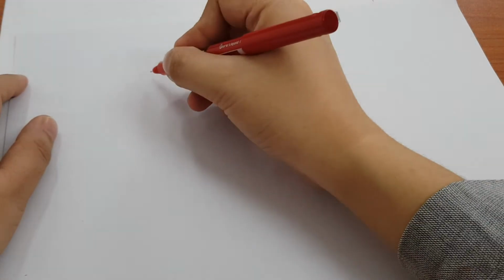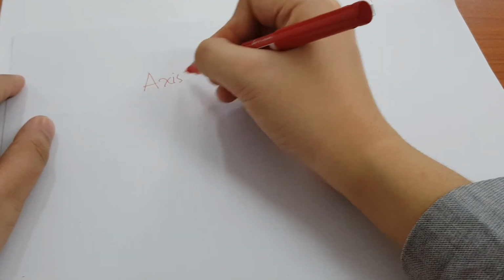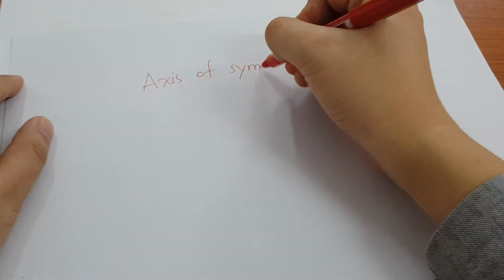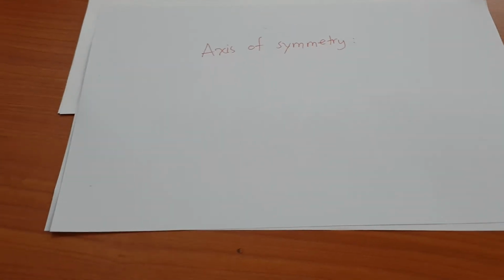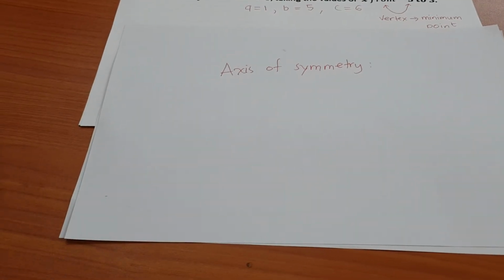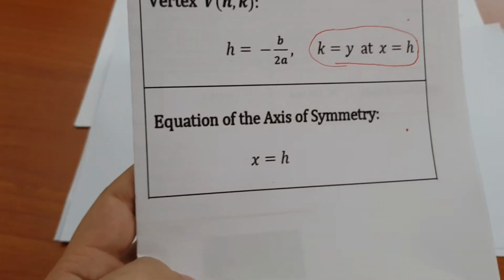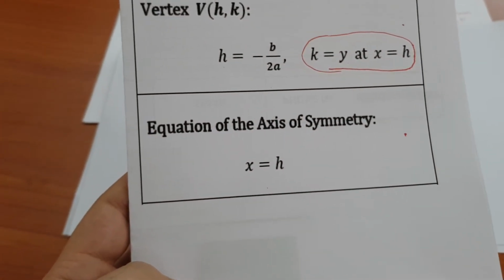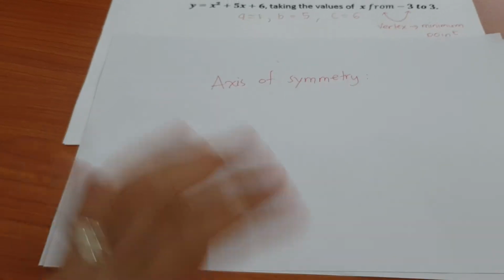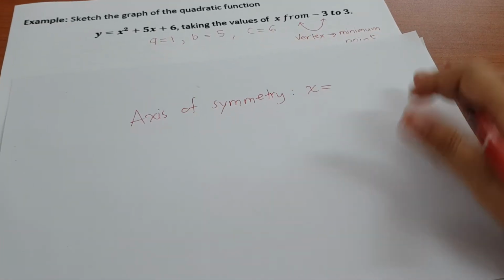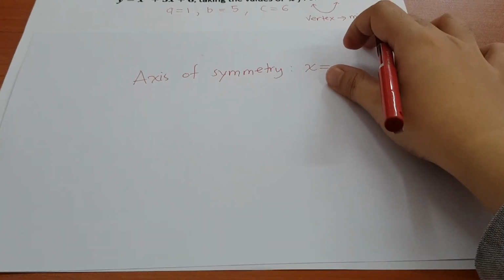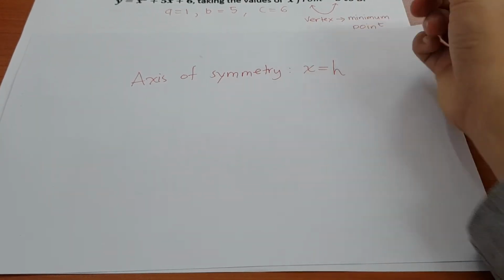Now, after the vertex, we need to find the axis of symmetry. The formula for the axis of symmetry is x equals h.